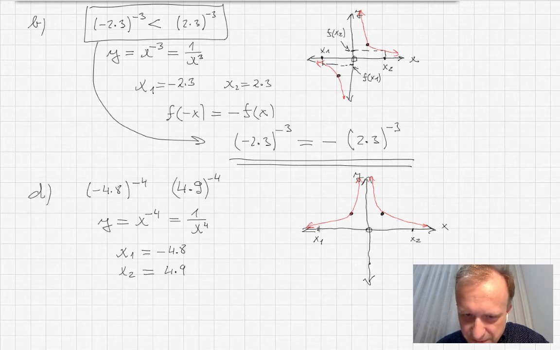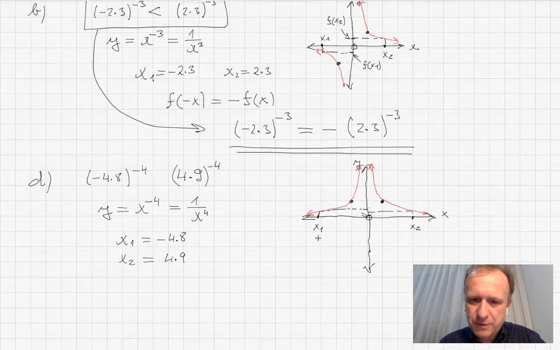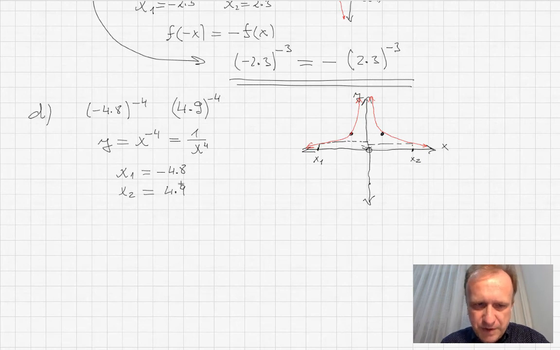Okay, the function value of this is here. So this is f of x1, and f of x2 appears here. Now, I don't know whether this is precise enough to make any conclusions. So wait here. Don't say anything before we can be sure about it.